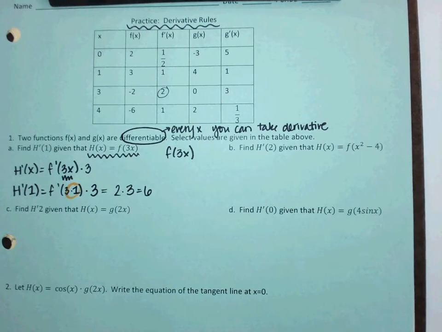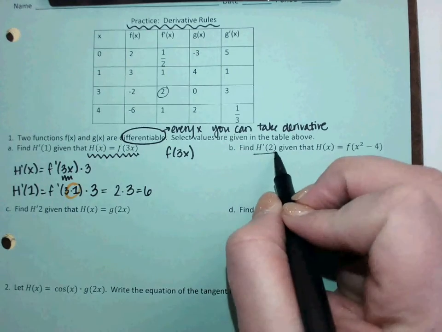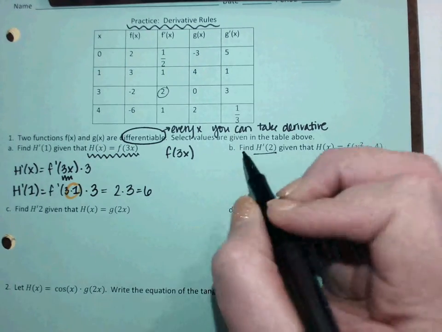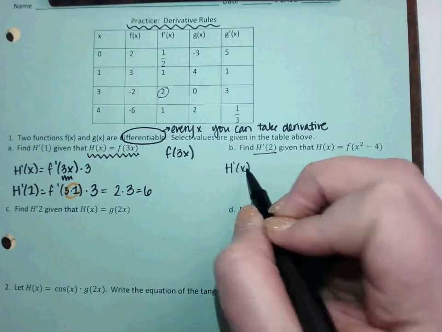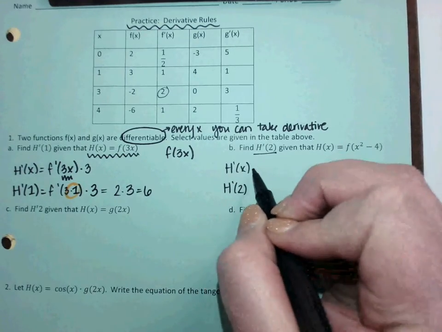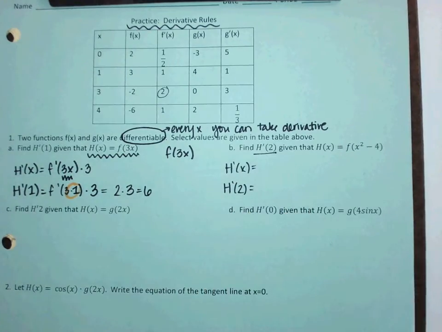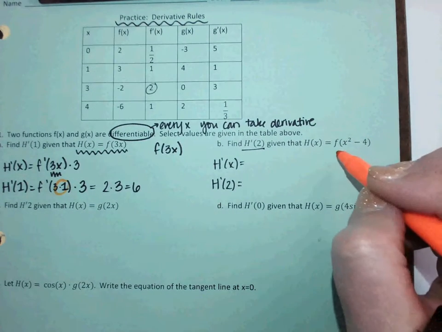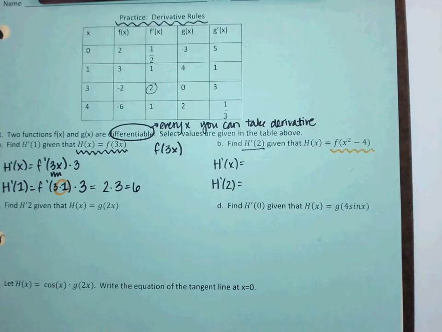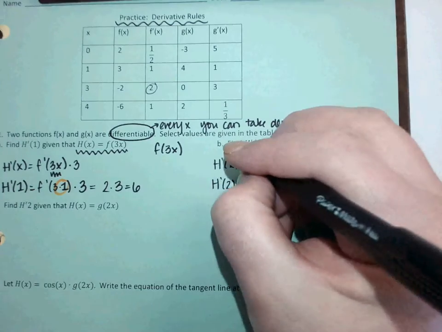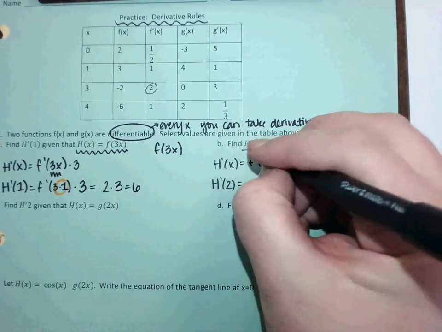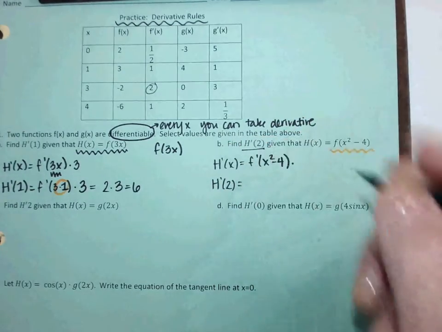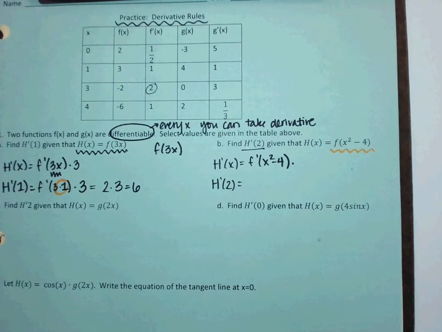Okay, the one right next to it. Take a look at letter B. I want h prime of 2. Given h of x equals this, I'm going to find h prime of x, then find h prime of 2. For my h prime of x, what is the outside function? F. The core is x squared minus 4. So when I take the derivative of f, it's going to be f prime with the same core, but then I have to multiply by the derivative of the core.